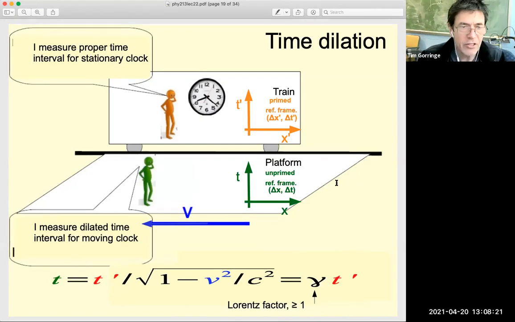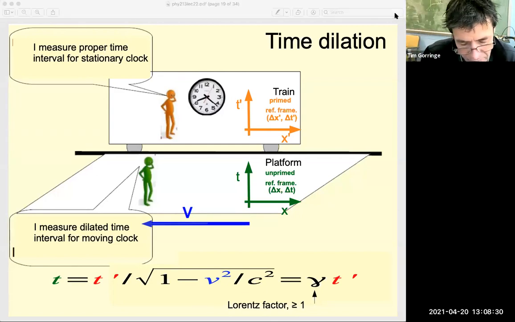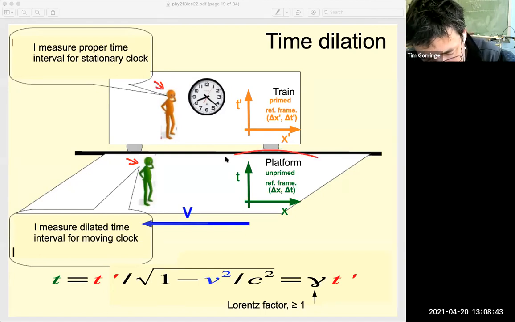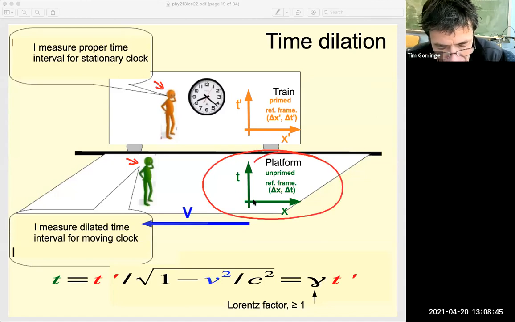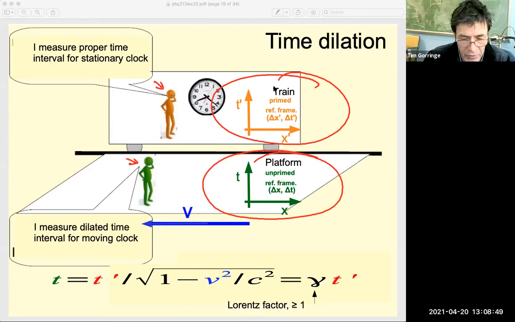Now, time dilation works the other way around too. So here's the partner to time dilation. In this sketch, again, I'm picturing the observer on the platform and the observer in the train, the green and the orange observer. And again, I'm imagining their reference frames, this unprimed reference frame and this primed reference frame, in the platform and the train respectively.